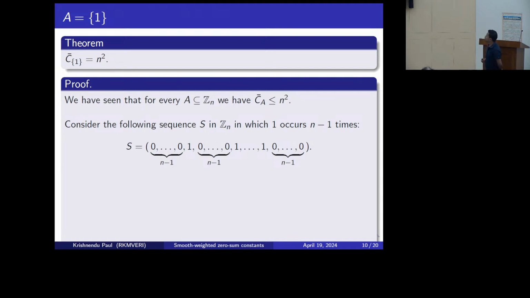So any zero-sum subsequence cannot contain 1. So it must contain only zeros, but again, like the previous one, it is not smooth. Okay.